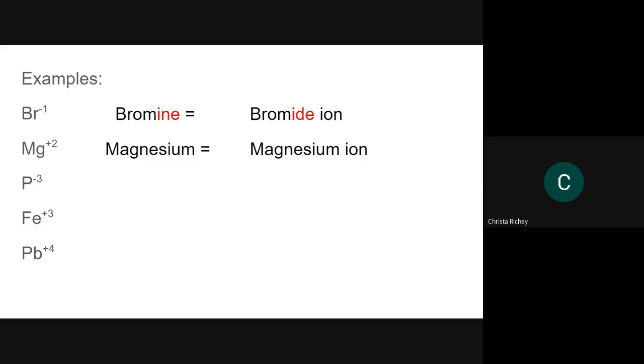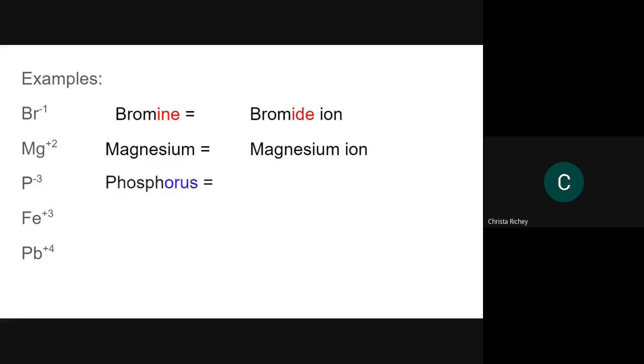You only change the endings of the nonmetals, in most cases. Hydrogen's weird, y'all. Hydrogen can act so strange. Normally it's the things to the right of the staircase that are not metals that are going to change the ending to -ide, because there are some metals that are to the right of the staircase.